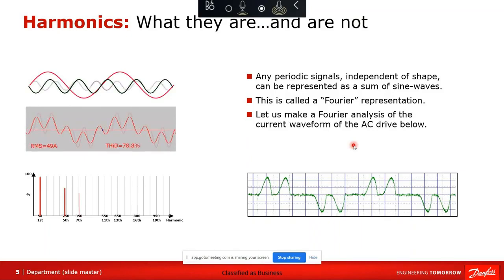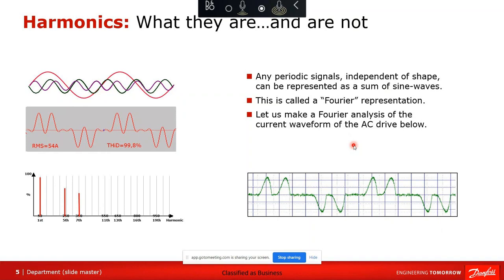What happens because of the pulsations and the distortions, and to really simplify this, what I tell people is harmonics are simply distortions in the AC waveform that go from the drive back to the power utility or the transformer. There are other issues of noise from drives related to the motor, but that's downstream of the drive. When we talk about harmonics, we're talking about issues between the drive and the power supply itself.